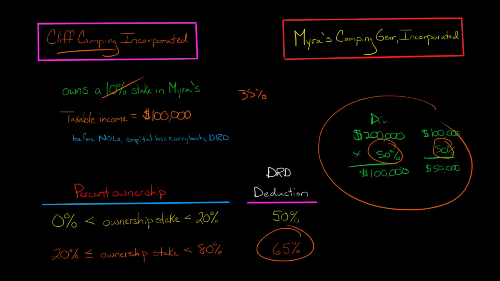We would take 200,000 times 65%, which is 130,000. That would be the normal dividend received deduction. But then we've got 100,000 in taxable income times 65%. That would be $65,000. So the dividend received deduction wouldn't be the 130,000, it would be the 65,000.